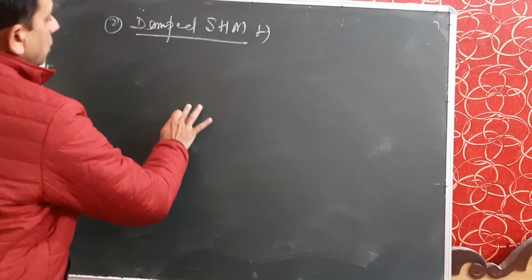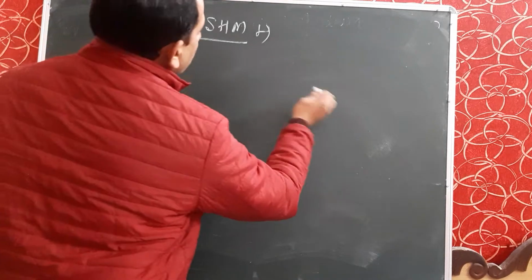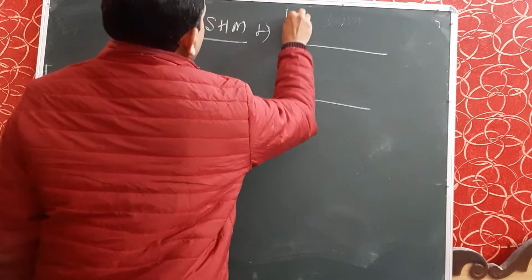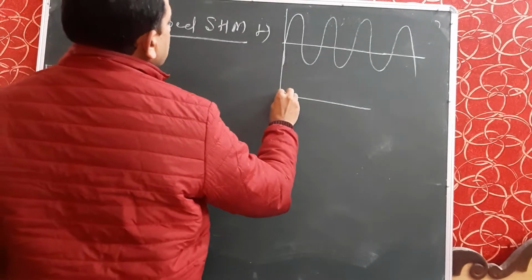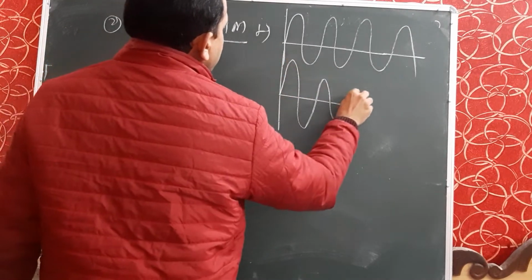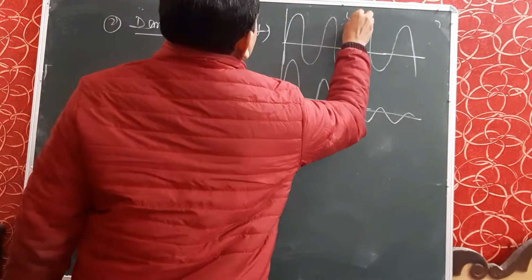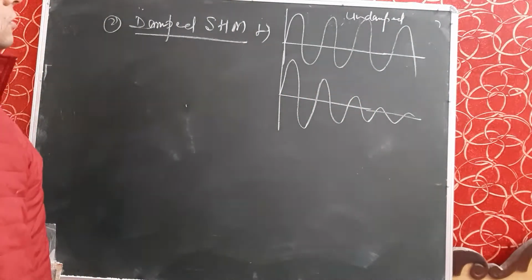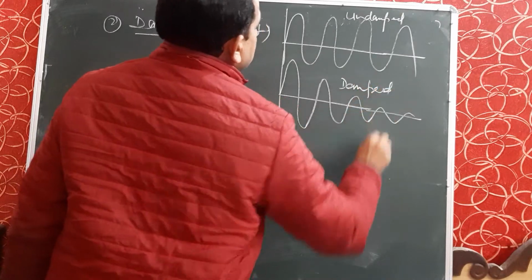So if we compare the undamped and damped SHM, then we will note that this is the graph which represents undamped and damped. This one is called the undamped oscillator, and this is damped.